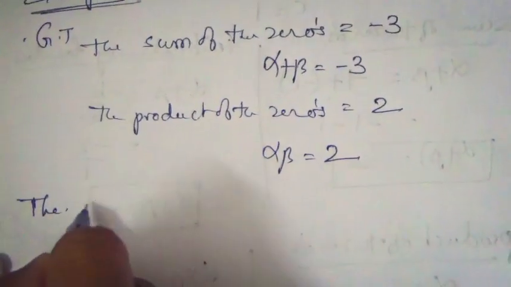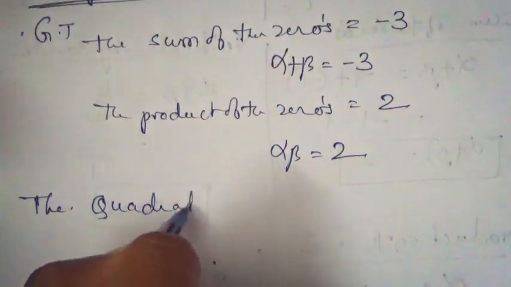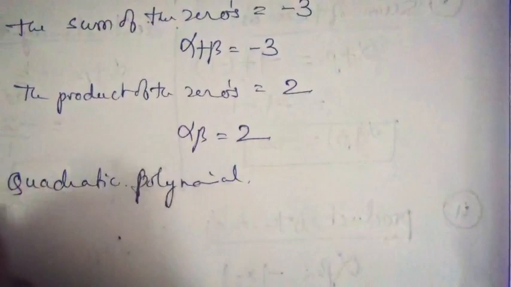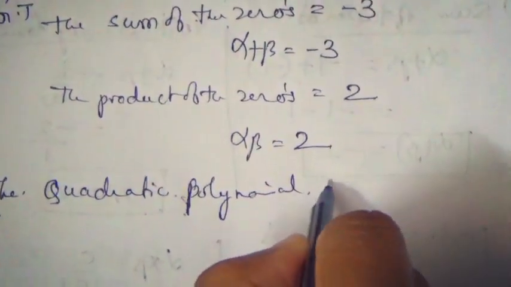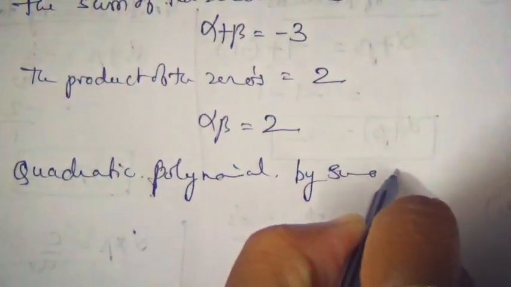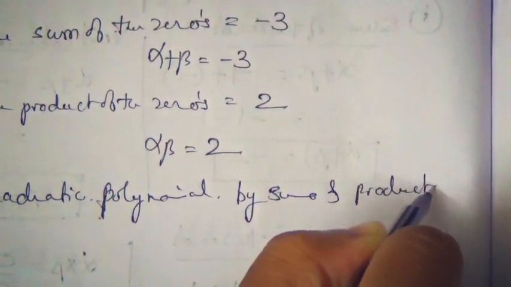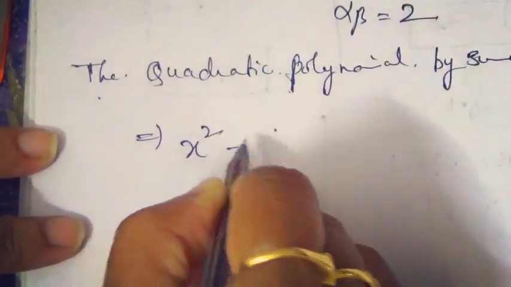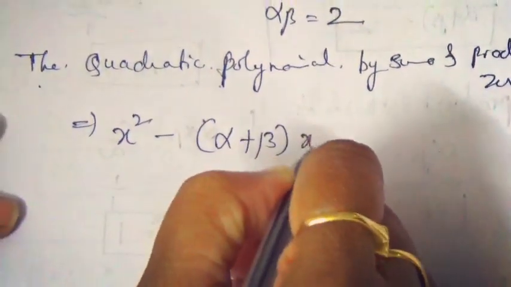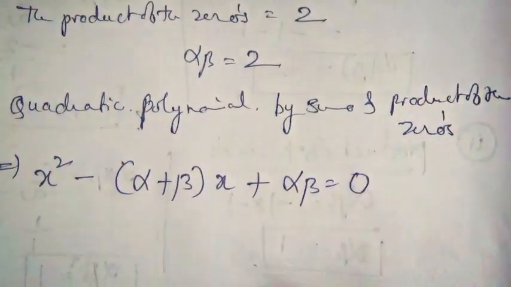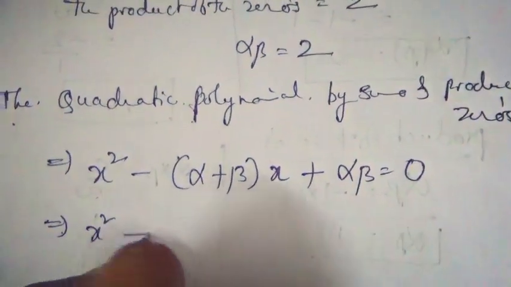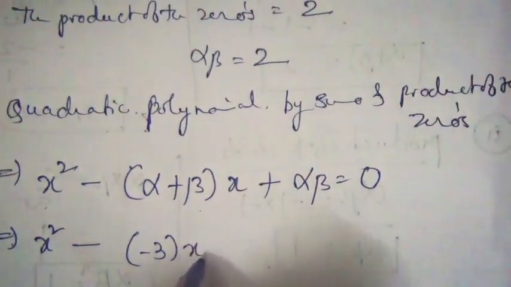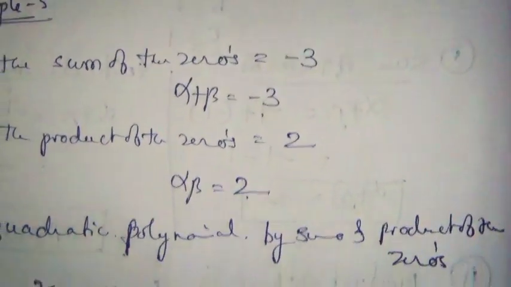The formula of the quadratic polynomial by sum and product of the zeros is x square minus alpha plus beta into x plus alpha beta is equal to 0. That implies x square minus, what he gave, that is minus 3, of x plus alpha beta value is 2, that is equal to 0.